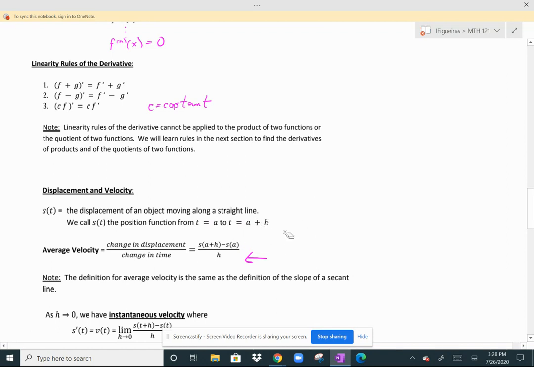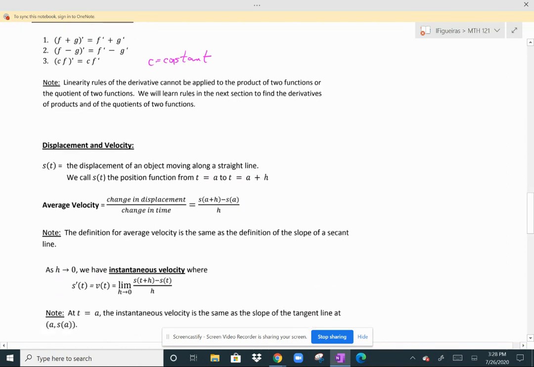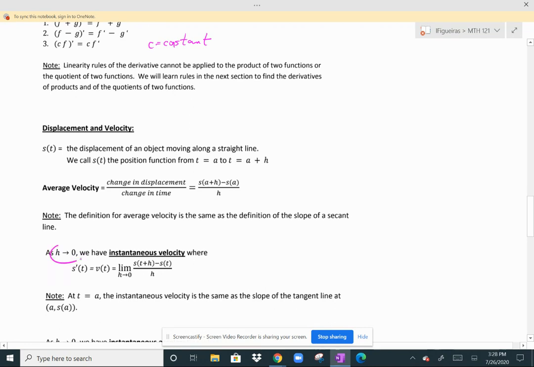When we want to know the instantaneous velocity, that's when h approaches zero, meaning this time lapse becomes a single moment in time. As h approaches zero, t equal to a and t equal to a plus h are actually the same time. And that's, again, a derivative. So if I take my difference quotient and apply it to the definition of the derivative, instead of f of x plus h, we're going to have s of t plus h minus s of t over h, and we're taking the limit as h approaches zero.